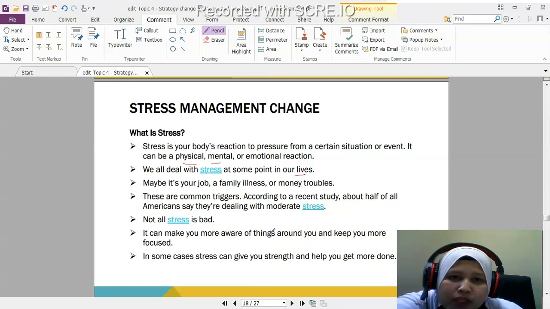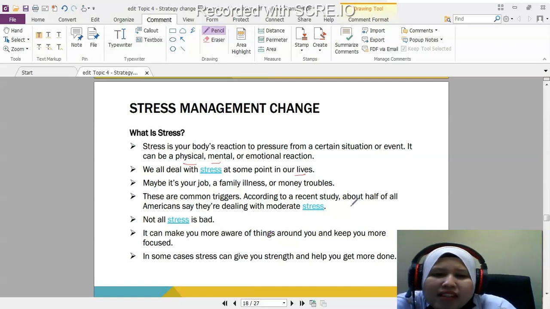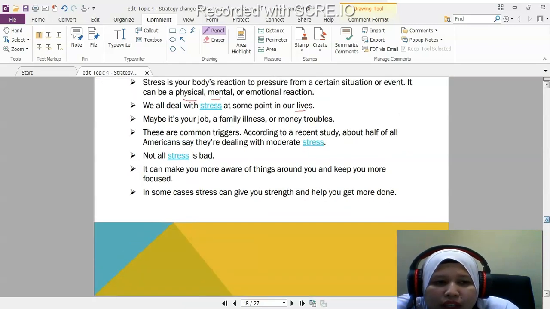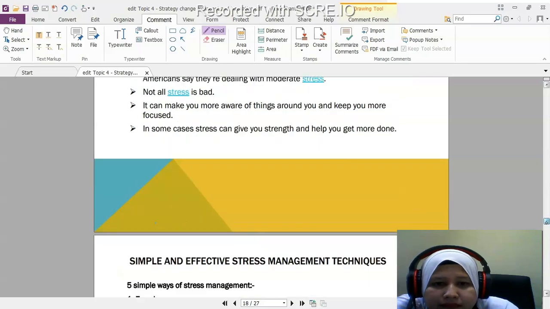You must make sure that the stress you experience will bring you to a good condition or a bad condition. You must understand that by yourself. In some cases stress can give you strength and help you get more done, but in some cases it will give you a negative impact.